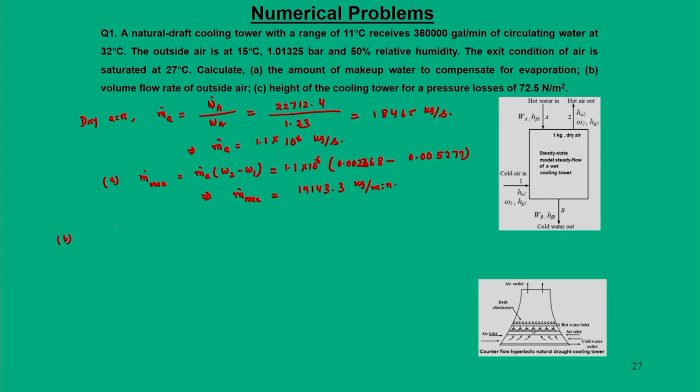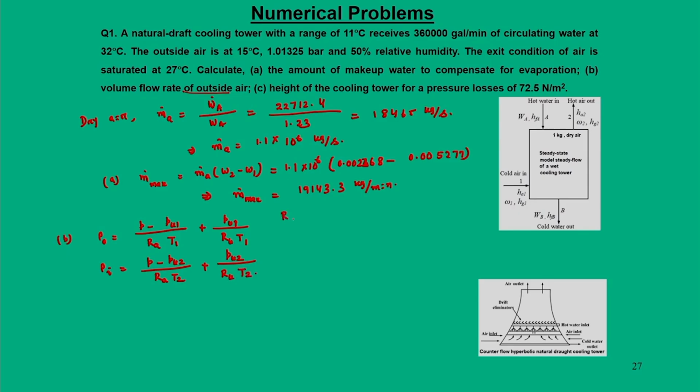Then the second part is the volume flow rate of outside air. For that we need to find the density of outside air: P minus PV1 divided by RA T1 plus PV1 by RV T1. Inside air: P minus PV2 by RA T2 plus PV2 divided by RV into T2.